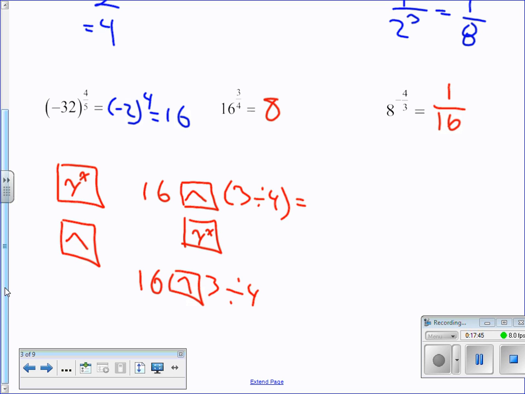And hopefully your calculator will spit it out as a fraction. Do you know that your calculators will add, subtract, multiply and divide fractions for you? There's a fraction key on your calculator.